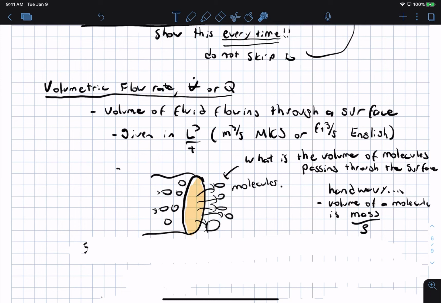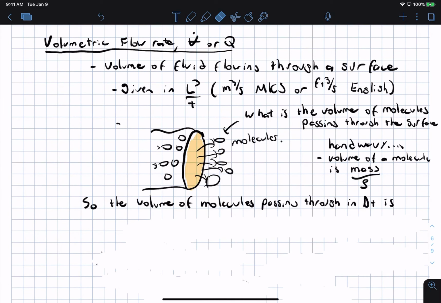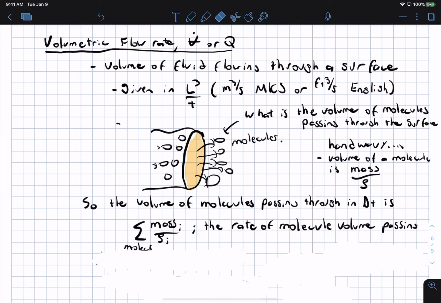So if we use our counting strategy from before, the volume passing through the surface in time delta t is given by the sum of the mass of all the molecules divided by their density. And so this is the rate of molecule volume passing through the surface.